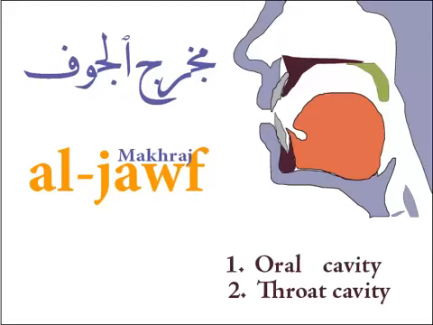As you know, there are so many letters in the Arabic language. Now how do they distribute through the parts of the body from which the sounds exit? Number 1, the ulama have decided that knowing this makhraj is very important, and we need to go through it because we cannot recite the Quran without knowing the makhraj of the letters such as zal or dha.